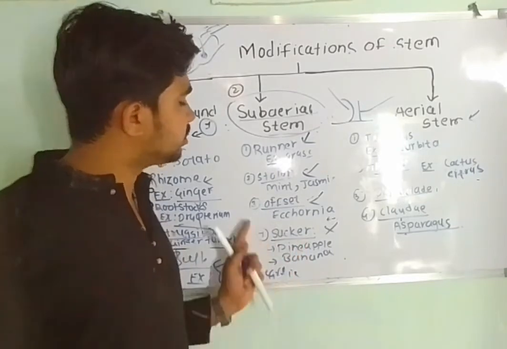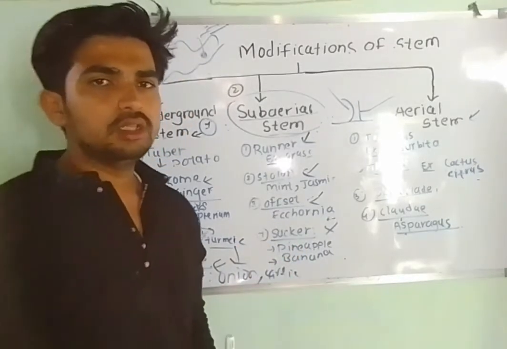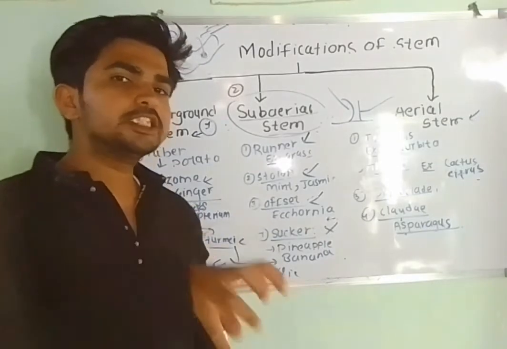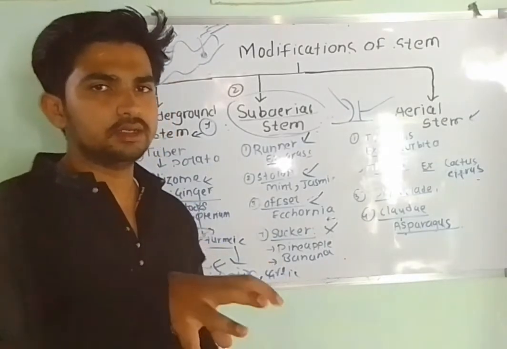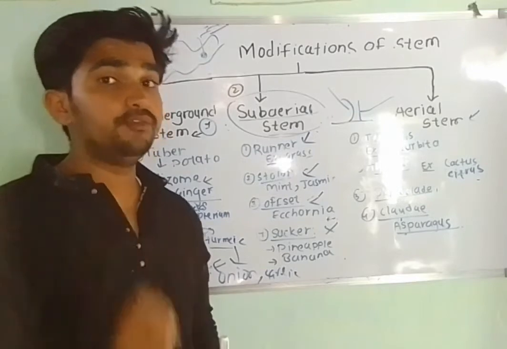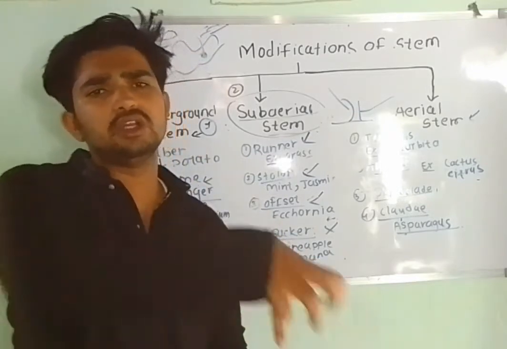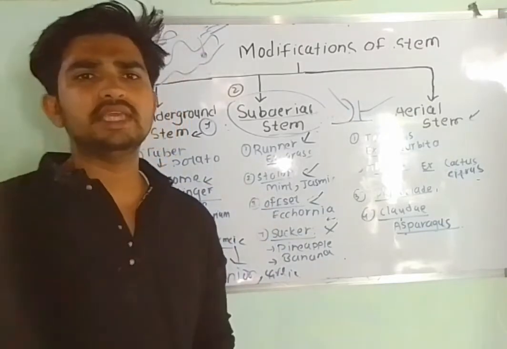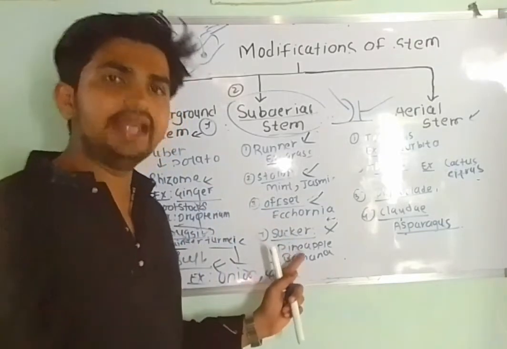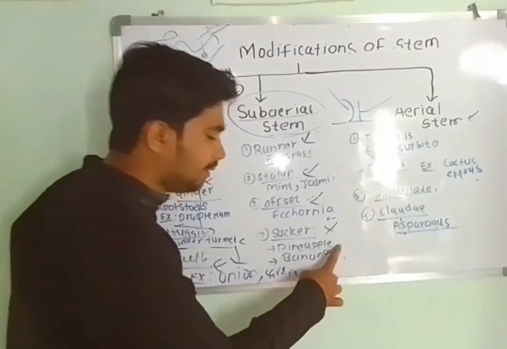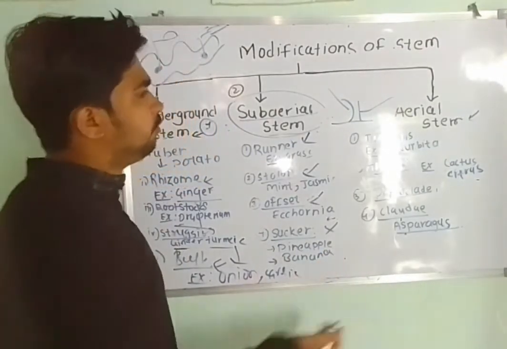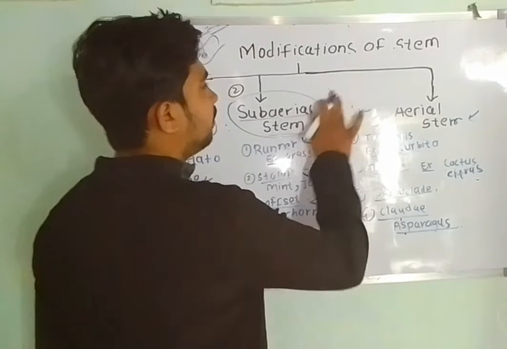Then sucker. What is meant by sucker? The simple definition of sucker is when it absorbs something, particularly from the soil or another source. Examples are pineapple and banana.